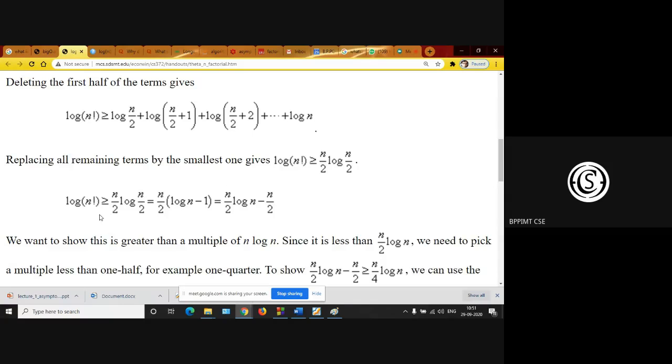So we can write that this is the half portion. If we replace all the terms by the smallest one, it will lead to lg n factorial being greater than or equal to n by 2 lg n by 2.